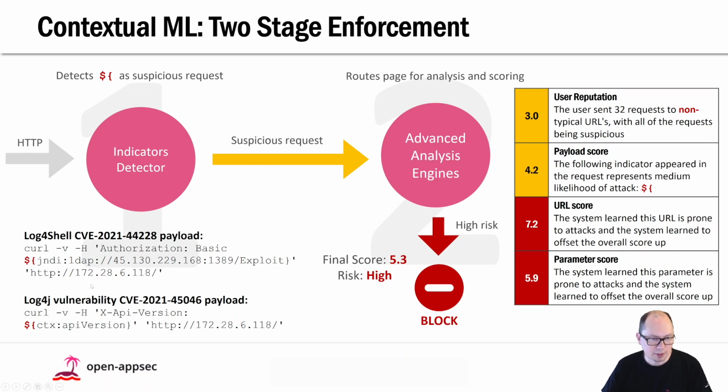Note that this is the example for the first and also the second CVE, because in both cases the ${ curly brace was the actual trigger, which was good enough to have the indicator detector detect the request as somewhat suspicious. And then the advanced analysis engine did the rest and made sure it's not a false positive and determined the block verdict at the end.